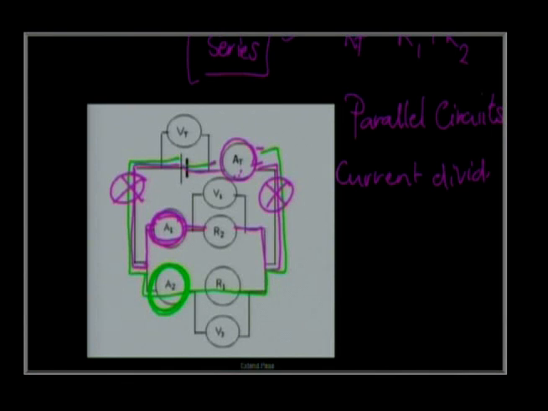The divider refers to the current splitting up and dividing into as many branches as your parallel circuit has. So your current divider tells us that the total ammeter reading, the total current in my circuit, is going to be equal to the current measured in each of my individual ammeters as we find them in our branches over here.